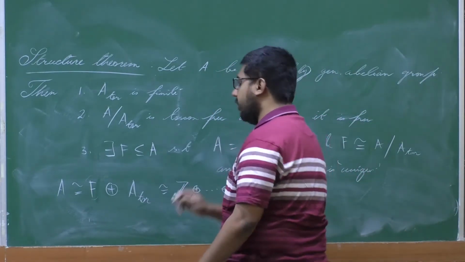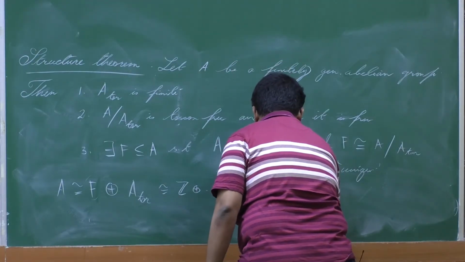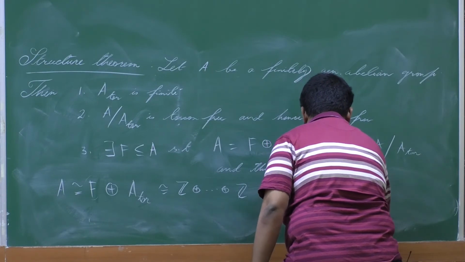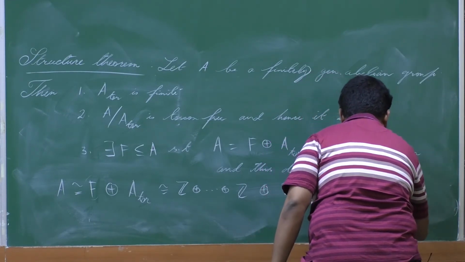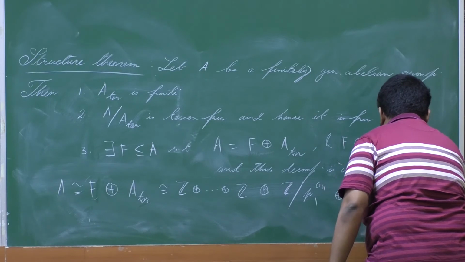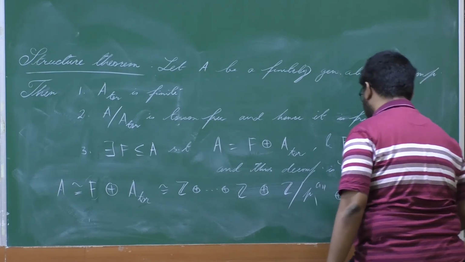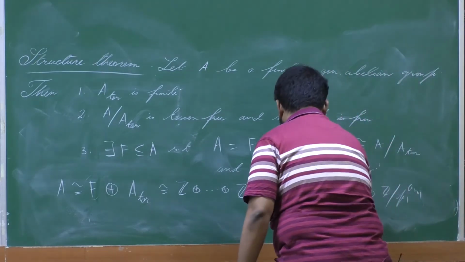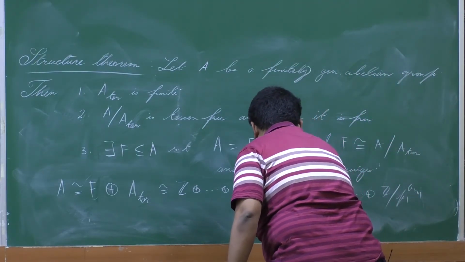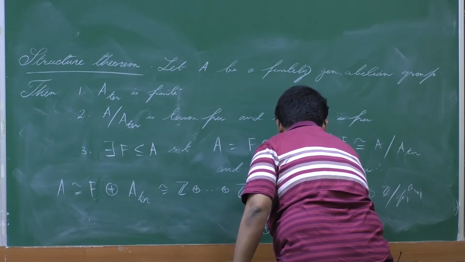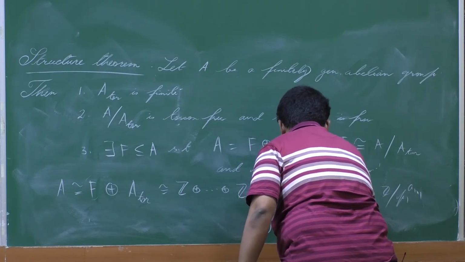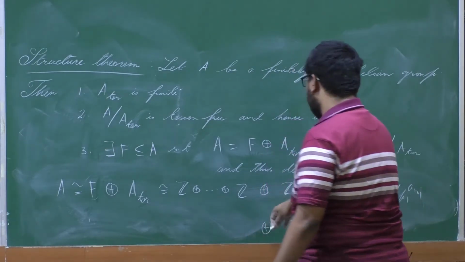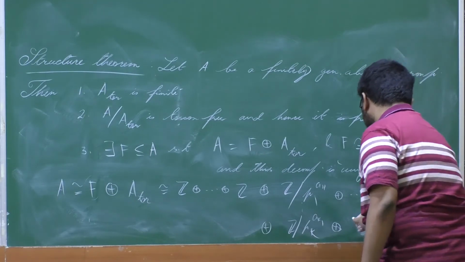So, by the structure theorem for finite abelian groups, we can write it as follows: Z/p1^{a11}Z direct sum up to Z/p1^{a1n1}Z, and similarly up to Z/pk^{ak1}Z direct sum up to Z/pk^{aknk}Z, where p1, p2, ..., pk are all the distinct prime divisors of A tor.